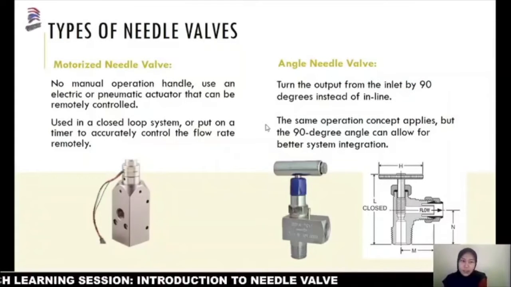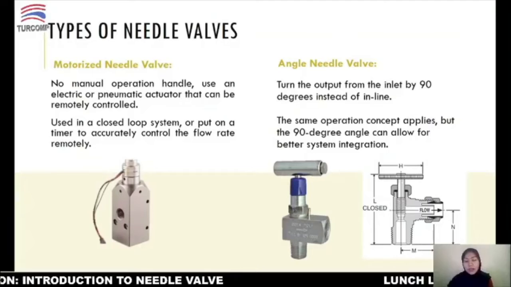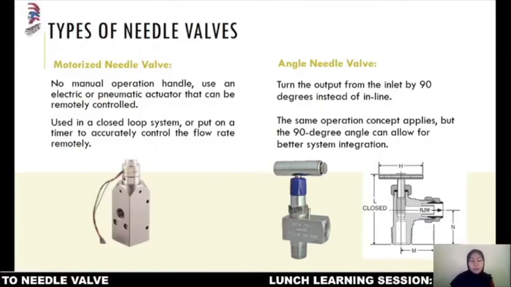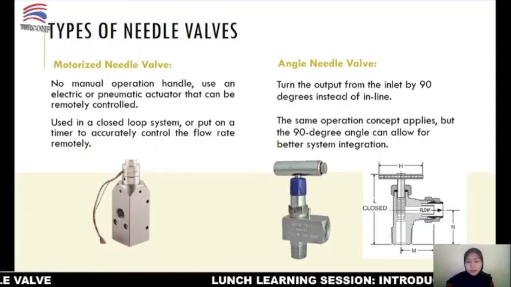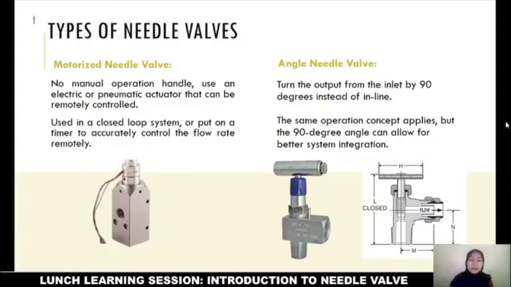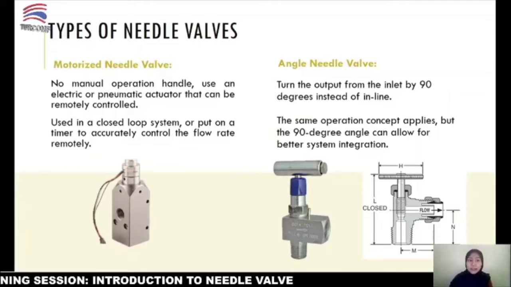There are also other types of needle valve. The one that I showed just now is the common type of manual threaded needle valve. For this one, this is the motorized needle valve. Motorized needle valve has no manual operation handle.